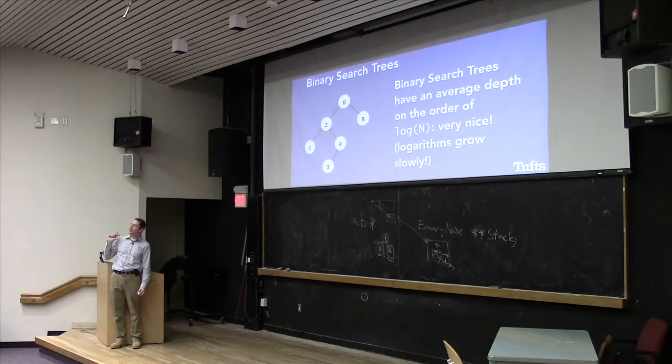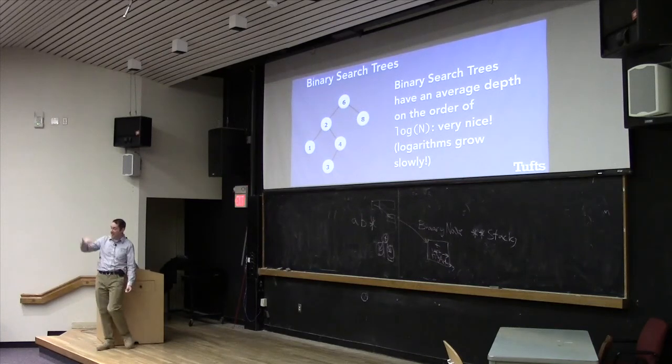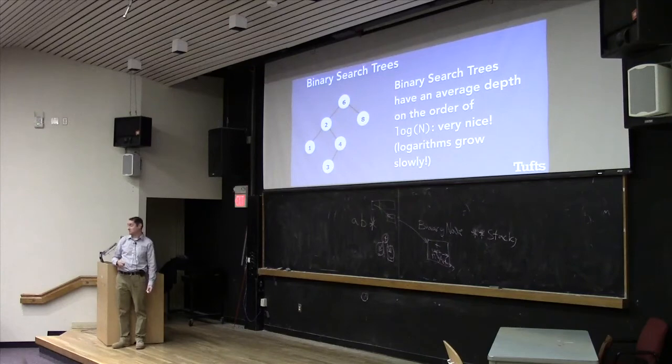And that is why binary trees are so great, because logarithms grow very slowly. That's the whole point of them. If that's true and we're going down a tree to get somewhere, it doesn't take that long to go down the tree, because we're doing the log of the number of nodes to get down, and that's a very small number, which is nice.